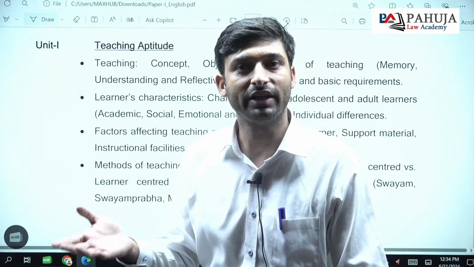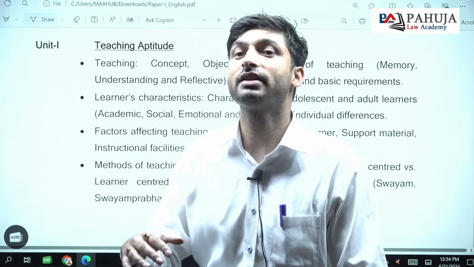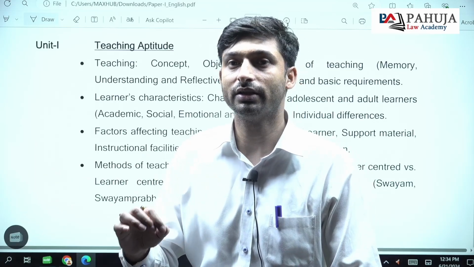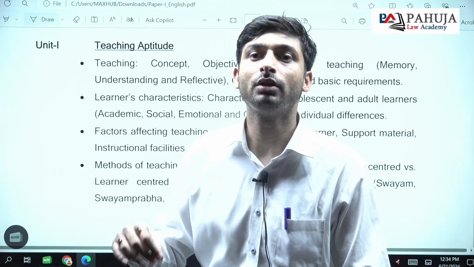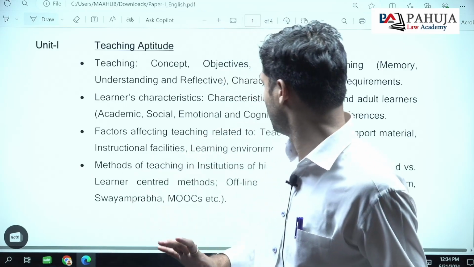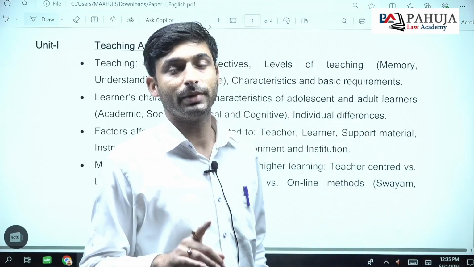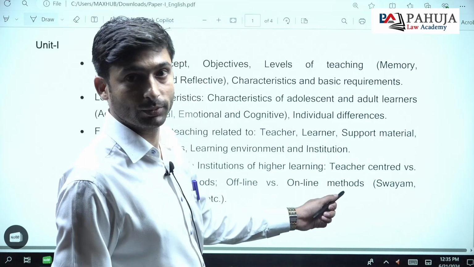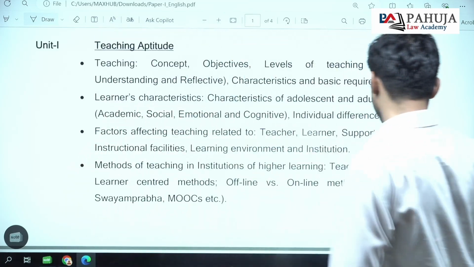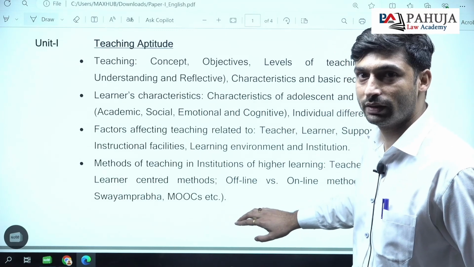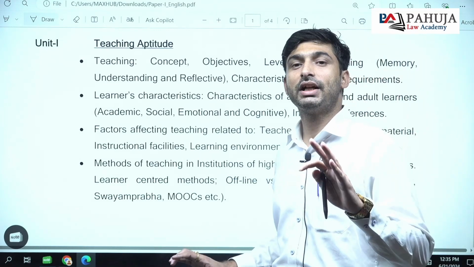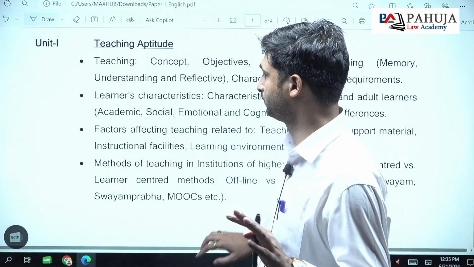Offline learning is traditional, but since the advent of ICT, that is information and communication technology, we have also switched to online learning mode. The government has provided certain platforms, like SWAYAM Prabha and MOOCs.